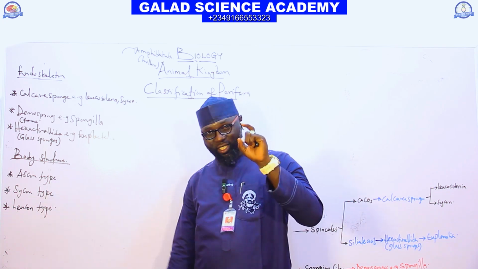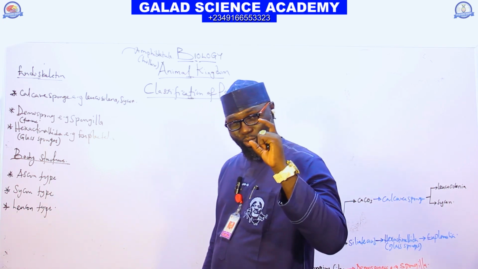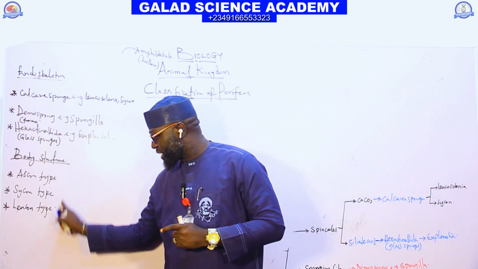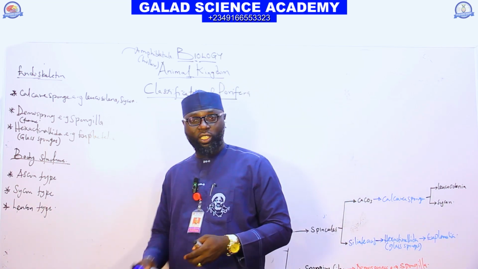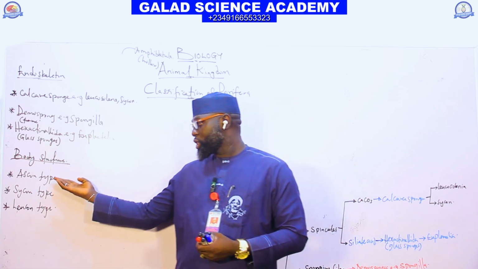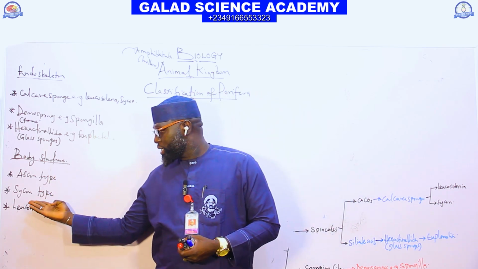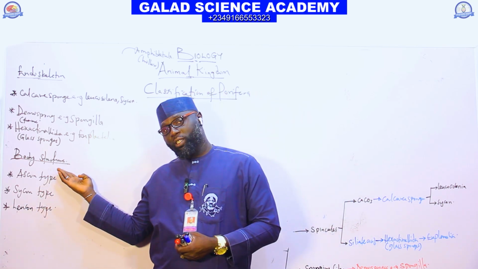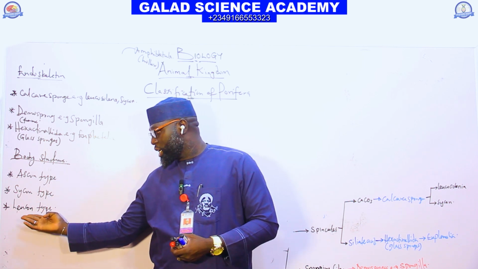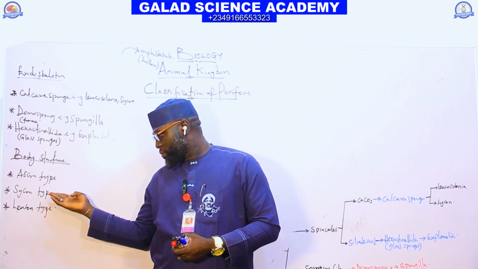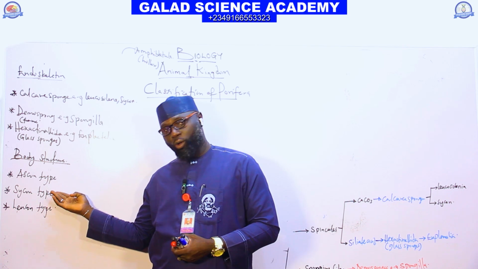We can use two things to distinguish between the three. The first thing is the body structure. For this one, the body structure is simple. The Sycon type is more complex than this. The Leucon type is more complex than Sycon.